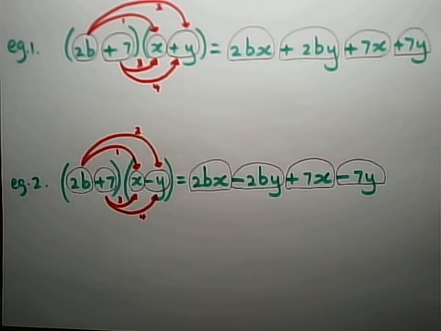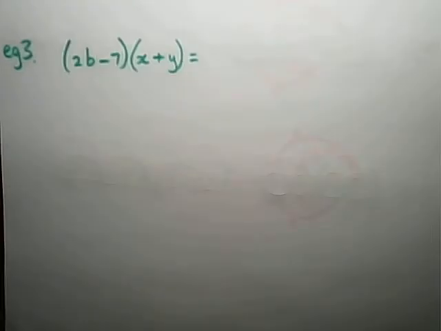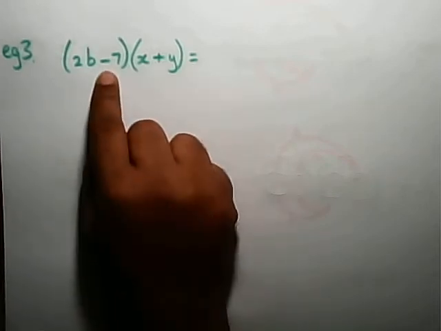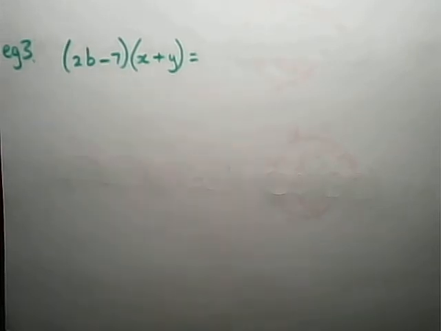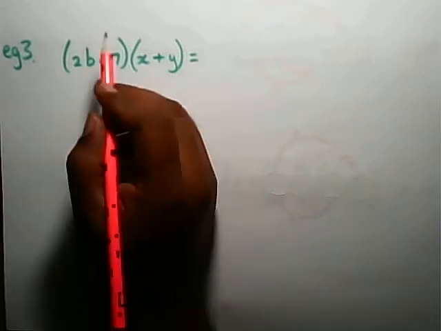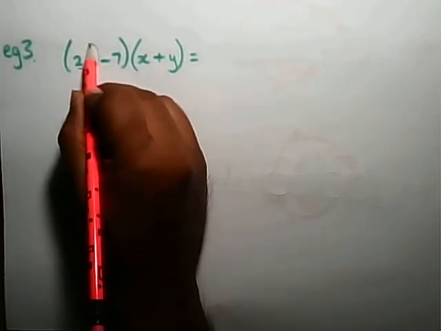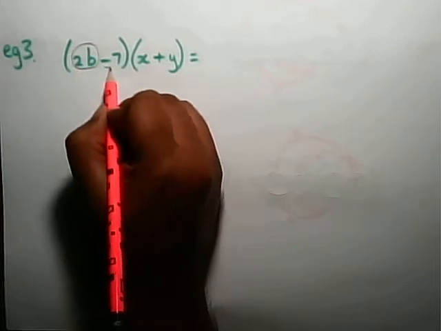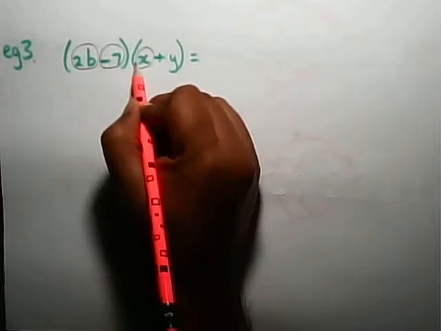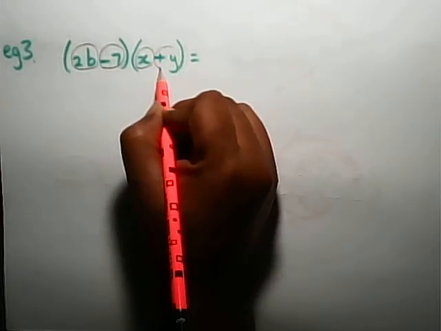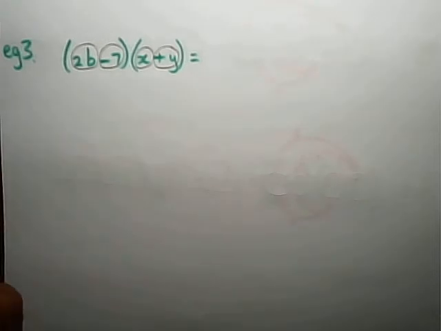So let's continue with example 3. Okay, example 3. I have a negative term in my first set of brackets, and here we have positive. Let's see what kind of answers we're going to get with this here. The only reason I'm circling my terms is to make sure we make no mistakes when multiplying these terms with signs.